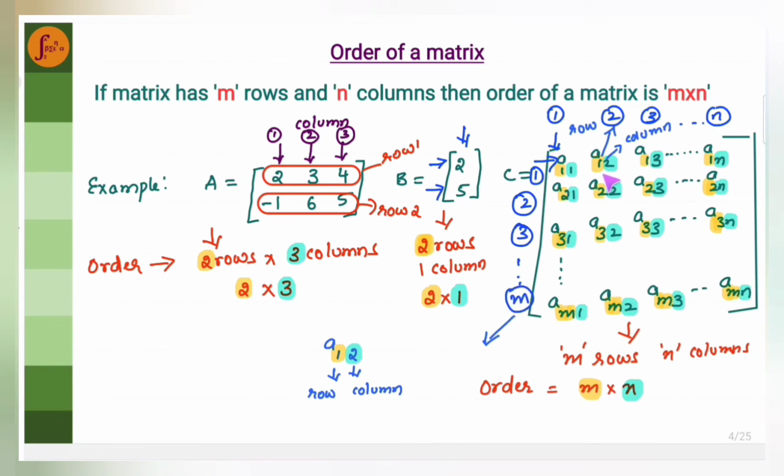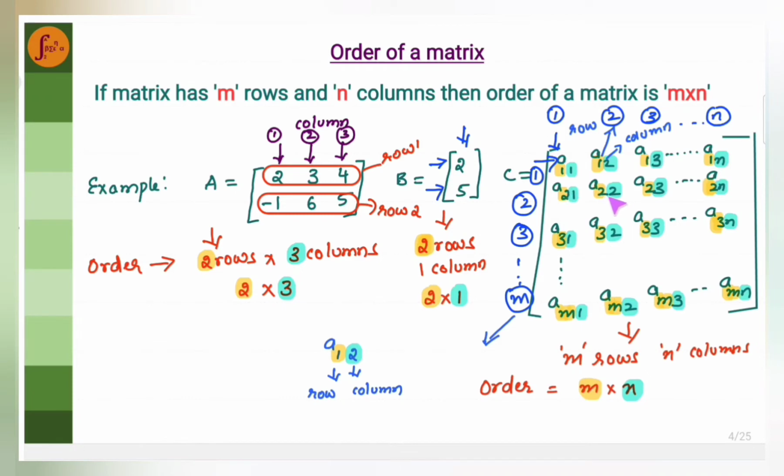Now the position of the second element is first row and second column. Similarly, the third element is first row and third column. If you go to the second row, this element is in the second row and the first column.